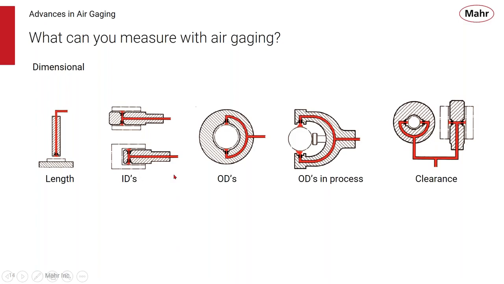You can turn that air plug inside out and measure ODs with an air ring. Or if you want to measure ODs on the machine, you can create an air snap gauge to go on there and measure the OD while the part's still in the machine. Or you can even combine an air plug and an air ring to get a match gauge, or measure the clearance between two mating parts.